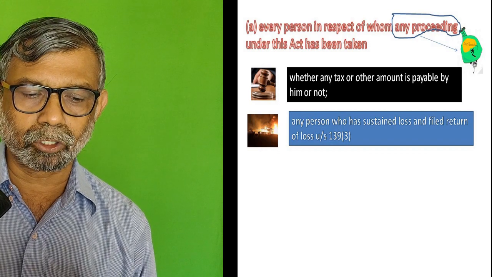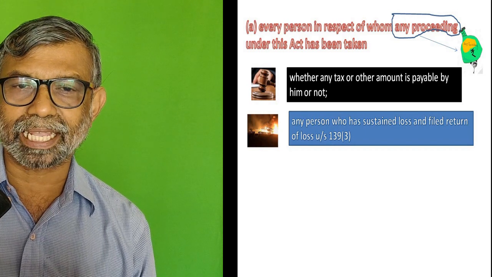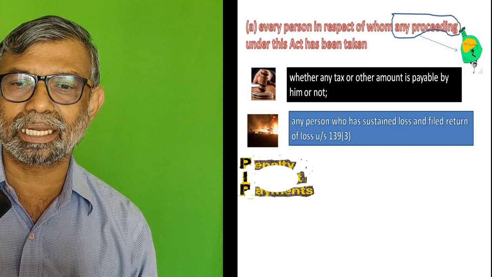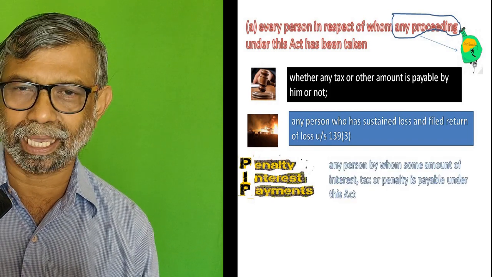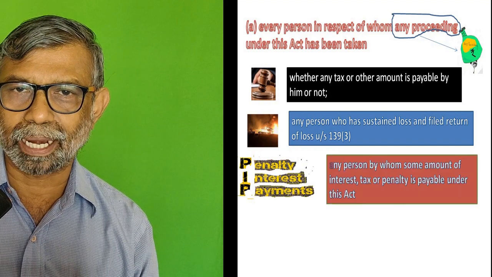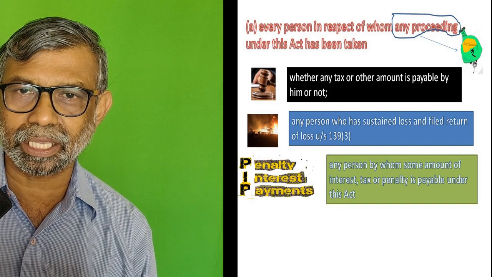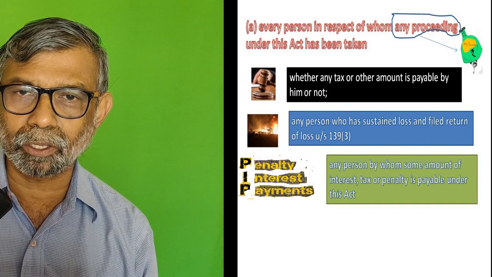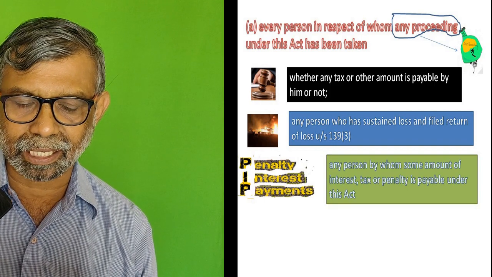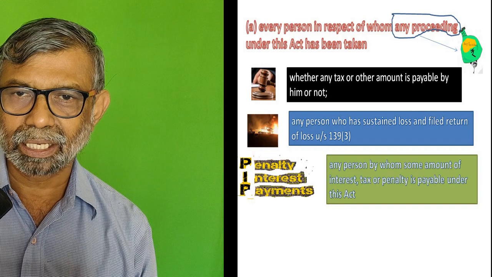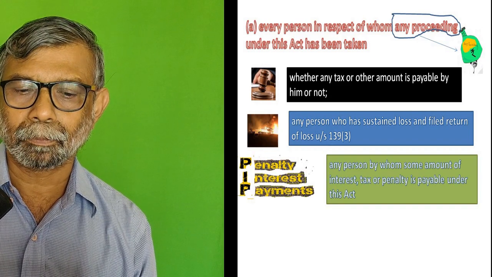थर्डली, आपको कुछ पेनल्टी इंटरेस्ट देने का है. सपोज फॉर एग्जाम्पल आपका इनकम टैक्स 60 लैक्स है, आप इनकम टैक्स 40 लैक्स पे किया, बट आप चुप बैठा. After some time, the income tax department sends a notice asking you to pay the remaining amount. When you pay the remaining amount, not only the remaining amount, but the interest or penalty or fees or whatever comes along with that needs to be paid.